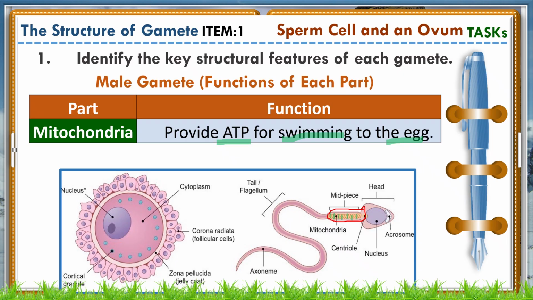So this energy in the mitochondria, when it is produced, it is given to the tail, and the tail will be propelled, so that it goes to the ovum.